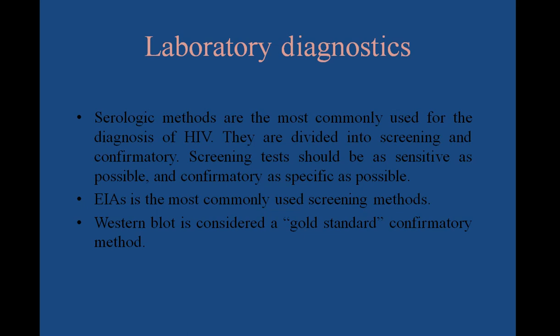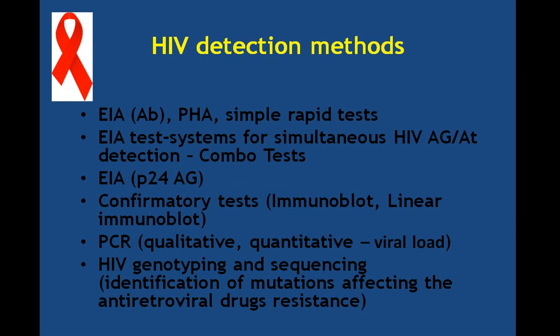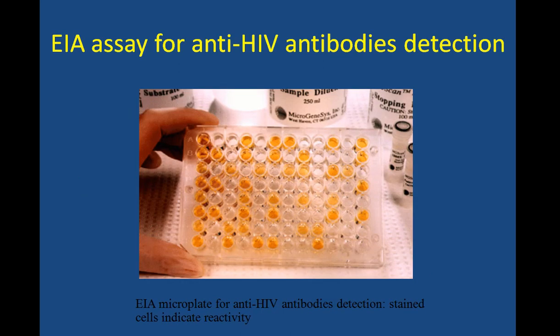ELISA is the most commonly used screening method. Western blot is considered the gold standard confirmatory method. You see the picture of the different HIV detection methods. For anti-HIV antibody detection, you see the microplate, where stained cells indicate reactivity.